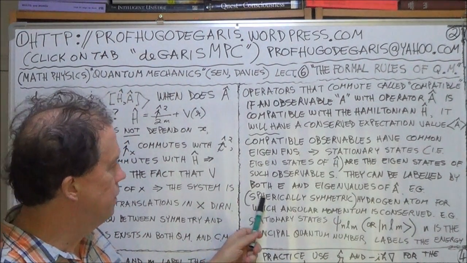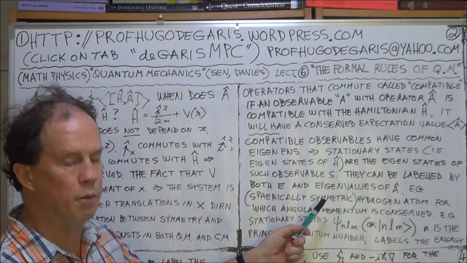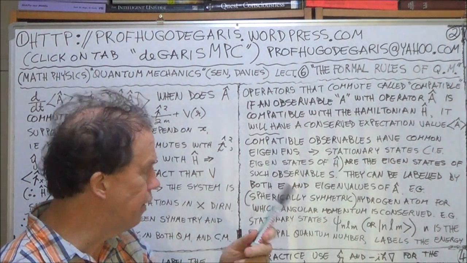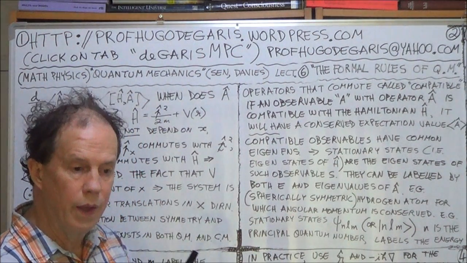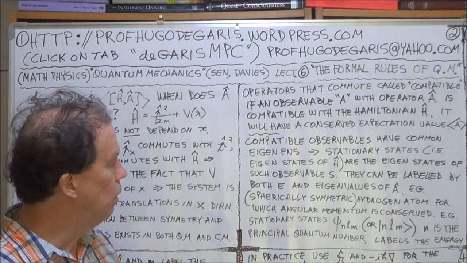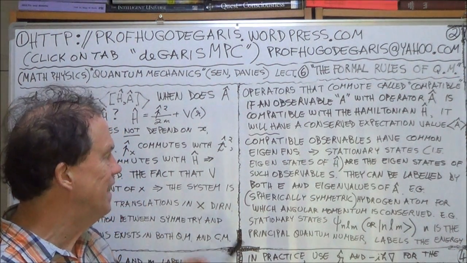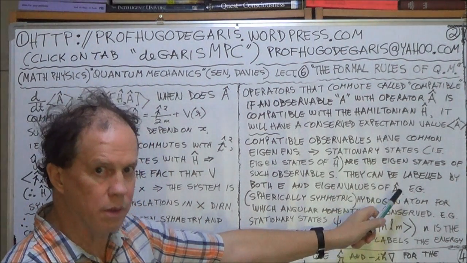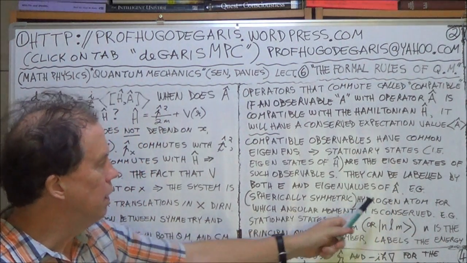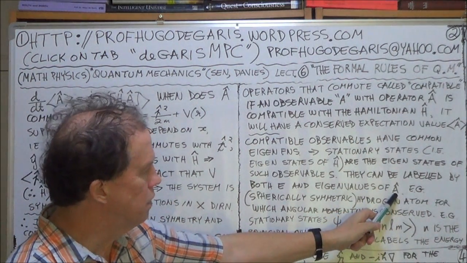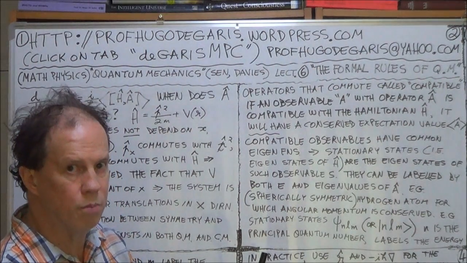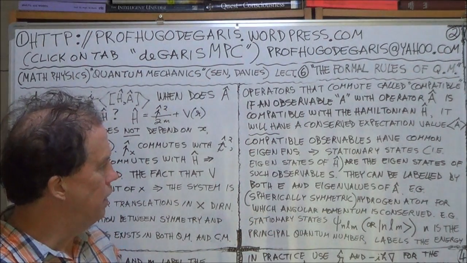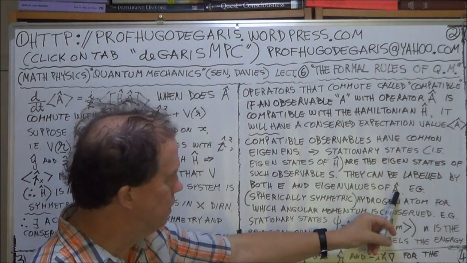So that means that this potential V, and hence the Hamiltonian, does not depend on the two polar angles theta and phi. And therefore the operator A, whatever it is in connection with the hydrogen atom, if it does not depend on the two polar angles theta and phi, it will commute with the Hamiltonian.